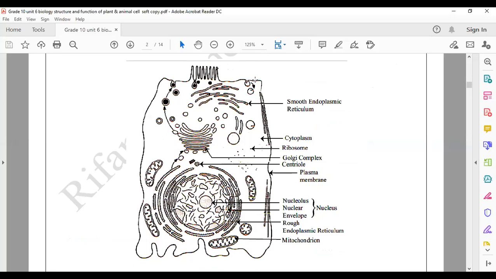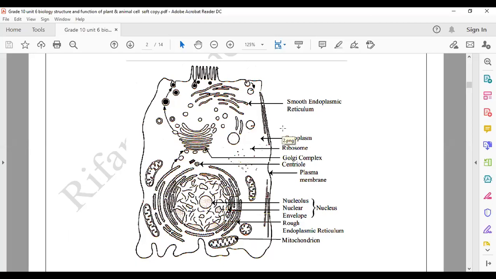Centriole. Okay. They have given a word that is only found in animal cells. Centriole. You will never find it in plant cells. Rough endoplasmic reticulum, mitochondrion, all are there.